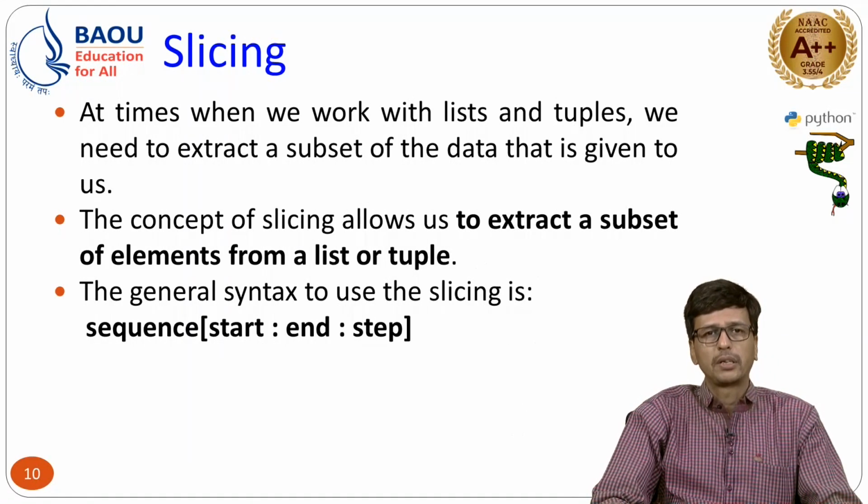Whatever the last element, minus 1, up to that element will be printed. And then the step, that means at which interval you want to print the elements available in the list or the tuple. For example, by default the step size or increment is 1, as you are already aware from the loop concept, in the for loop, the step value is by default 1. Now suppose you mention 2 here, then what happens?